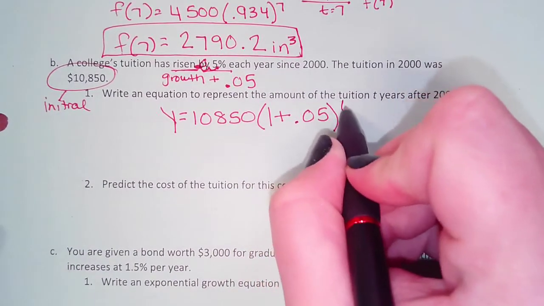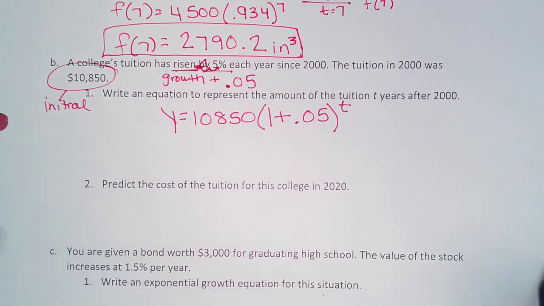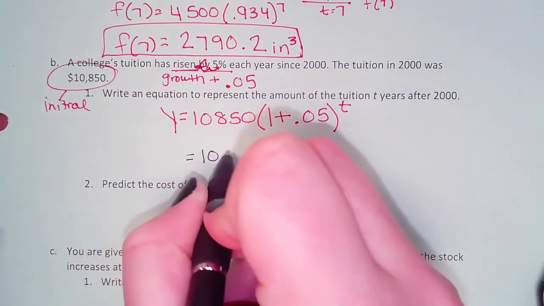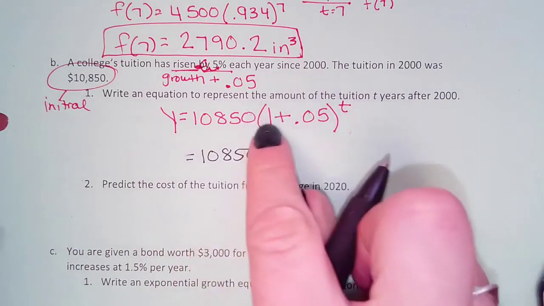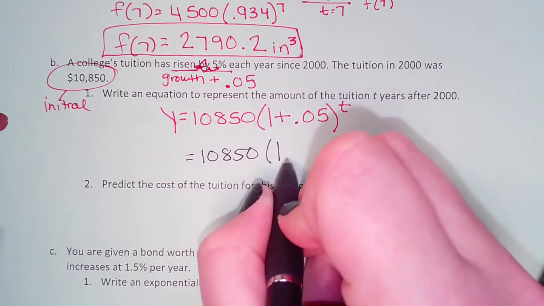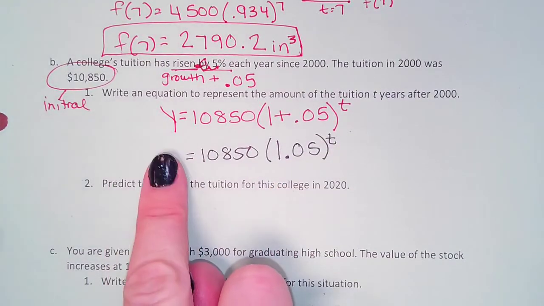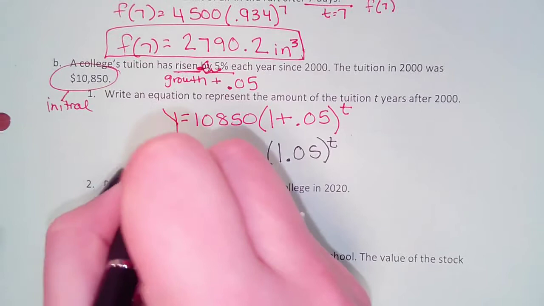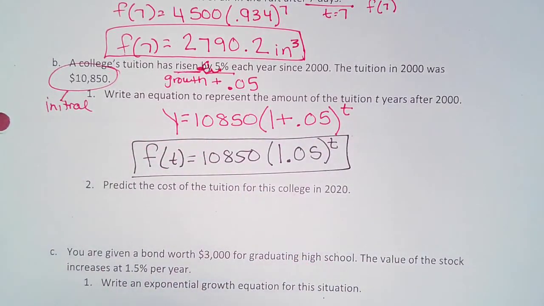Close parentheses to the power of t. Adding those together, I'll get 10,850 times 1 plus 0.05 is 1.05 to the power of t. Over here, I could put y, or I could put this in function notation, f of t. Either would absolutely be fine.